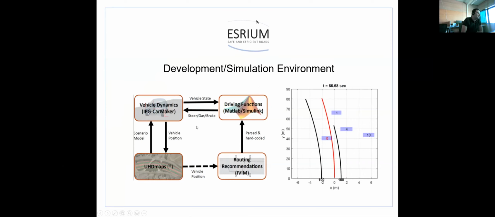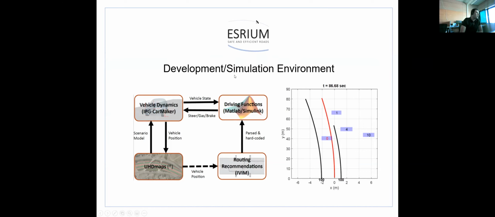We prefer this platform for development because our test vehicle, which we want to use later in the project for real road demonstrations, can use exactly the driving functions that we develop in MATLAB and run them on the real-time ECU, which is based on the dSPACE MicroAutoBox in the real vehicle. So in the real test, the vehicle dynamics simulator will be replaced by the car itself, and the driving functions will be the same driving functions that we use in MATLAB, running on the dSPACE MicroAutoBox in the vehicle.